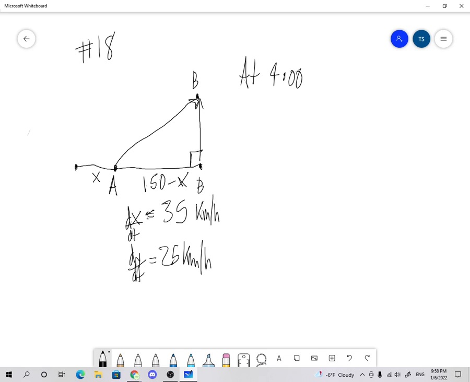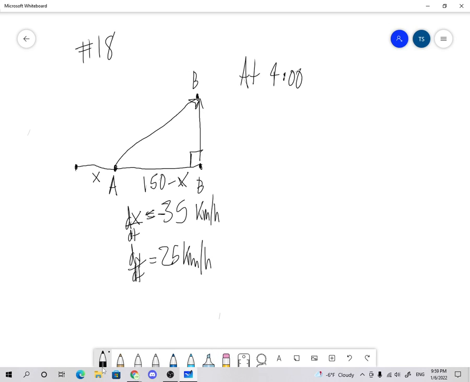And this will technically be negative because we're moving this way. Because it was initially west and we're moving against the flow. Therefore, it must be negative.